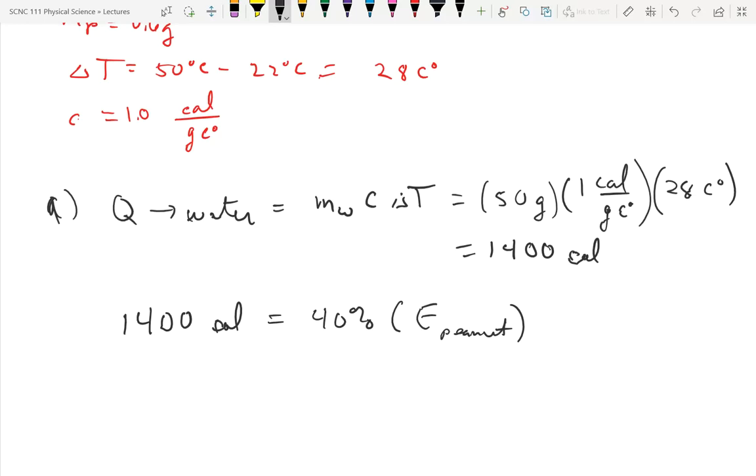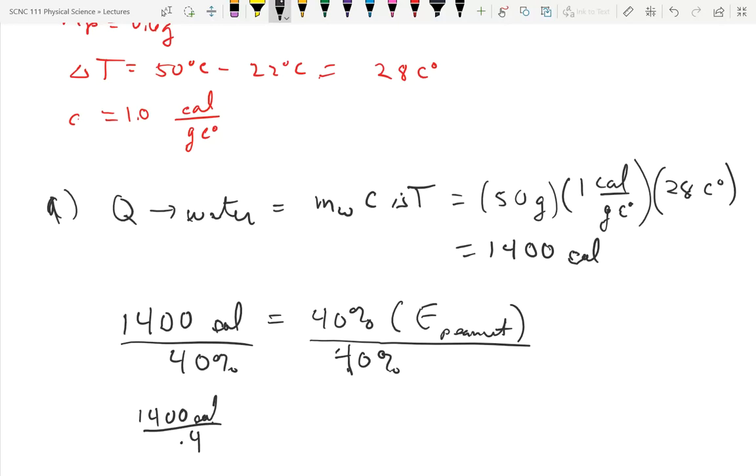So if I want to solve for the energy in the peanut, what do I do? Divide both sides by 40%. Mathematically, how do we write 40%? Okay, so that just becomes 1,400 calories divided by 0.4, and you pop that in your calculator.